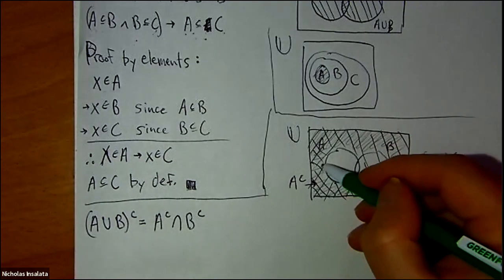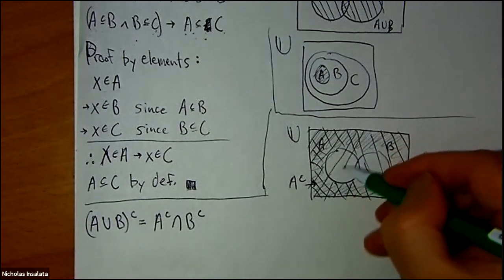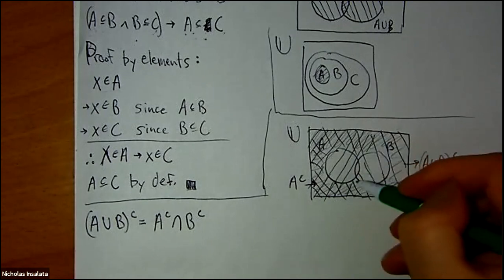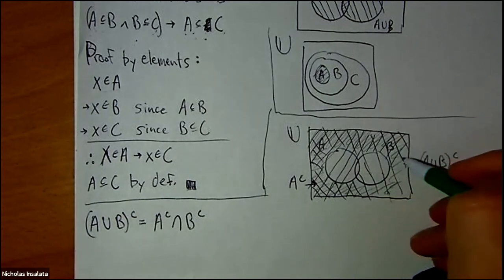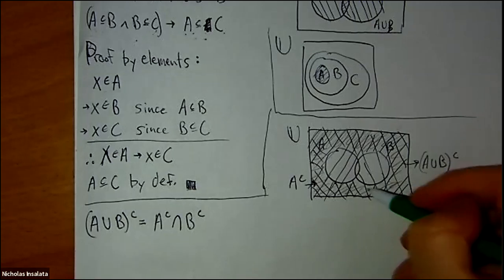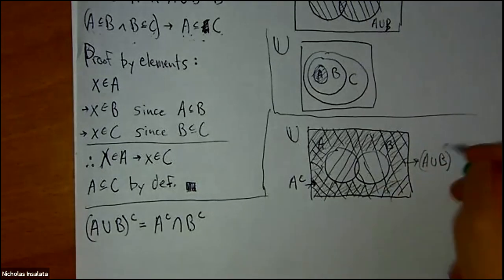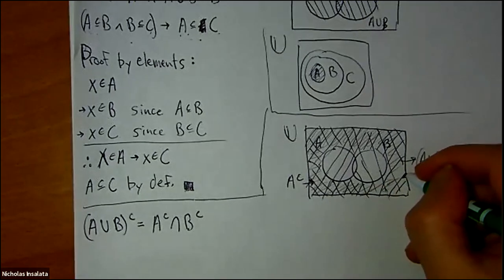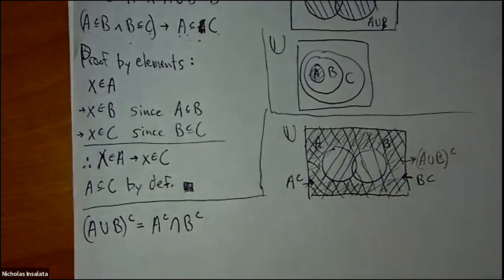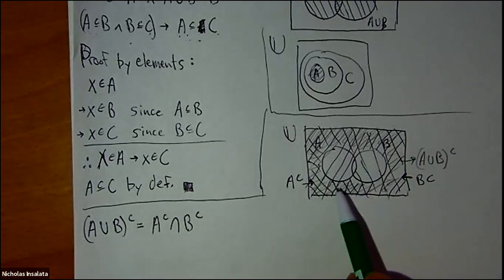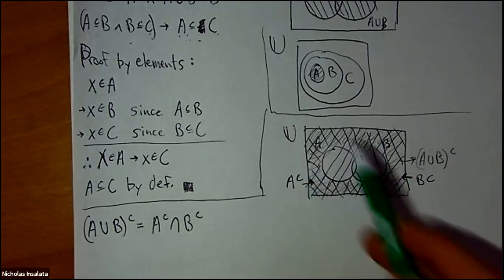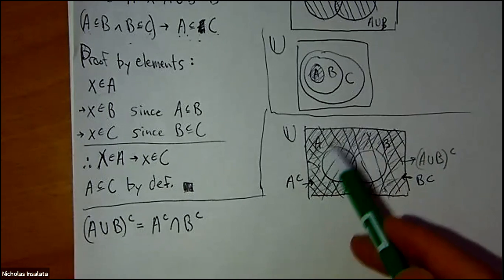Everything outside of B. Okay, that's B complement. And so A complement intersect B complement, that's going to be the crosshatch part, which has these diagonal lines and these diagonal lines.